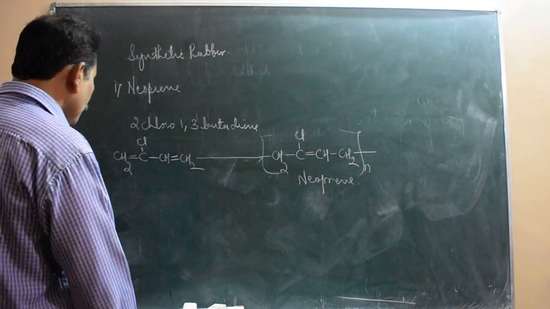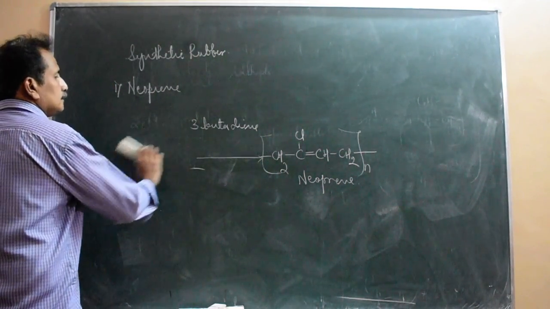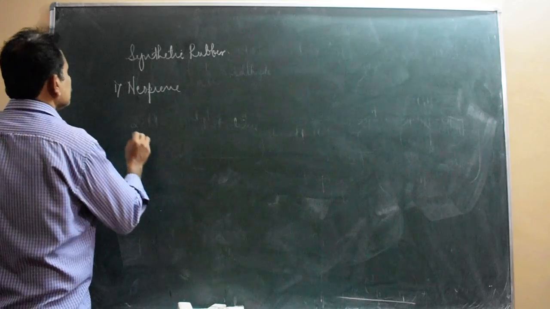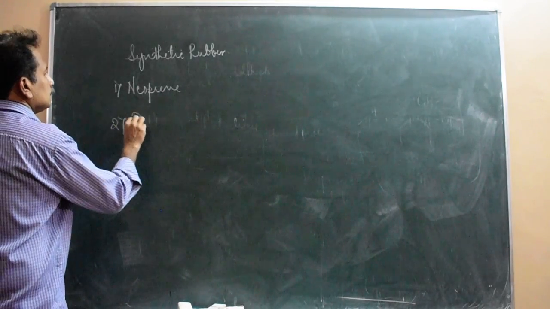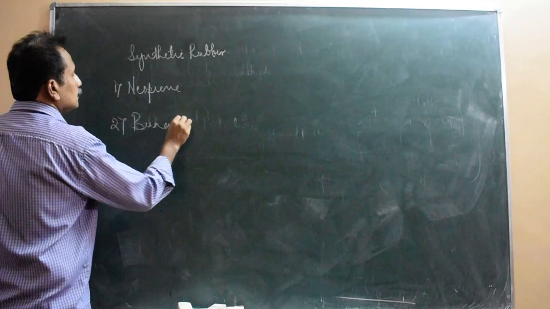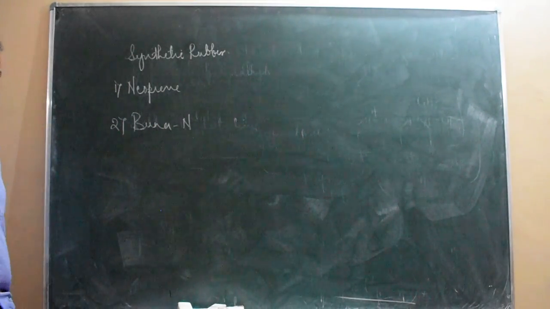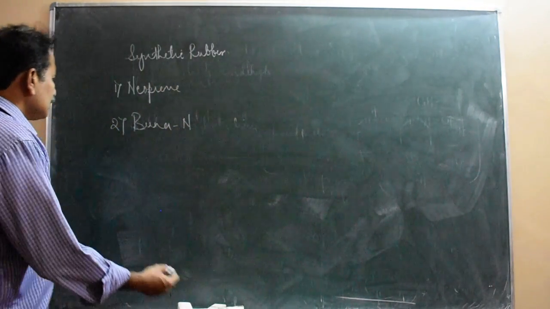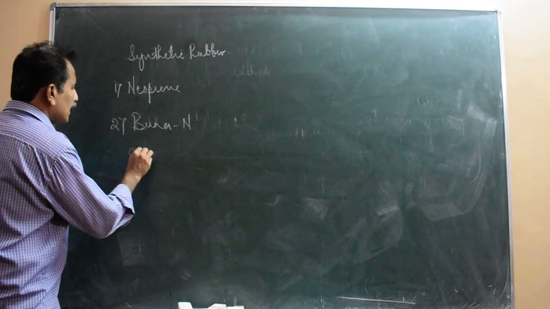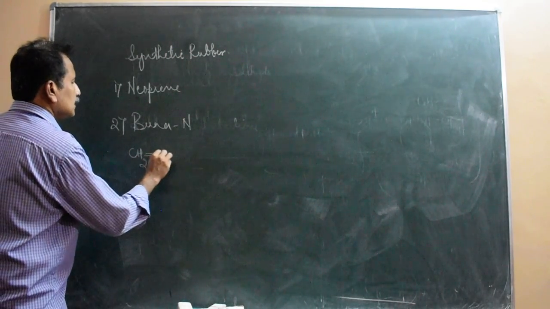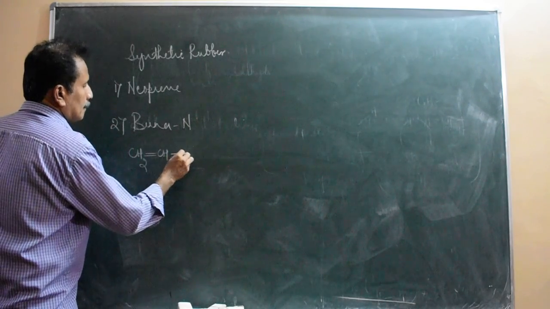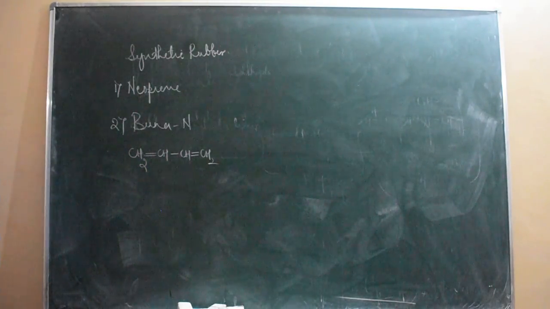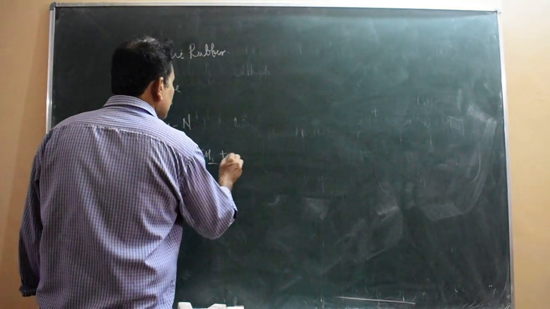Like this, you have one more, Buna-N. How do you get this Buna-N? This is another synthetic rubber. Here also we take 1,3-butadiene and use acrylonitrile.